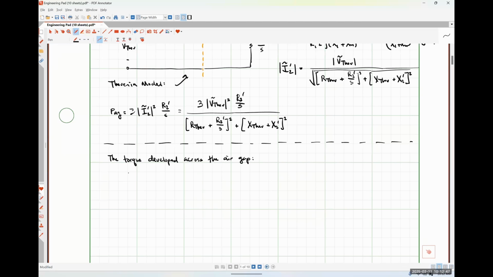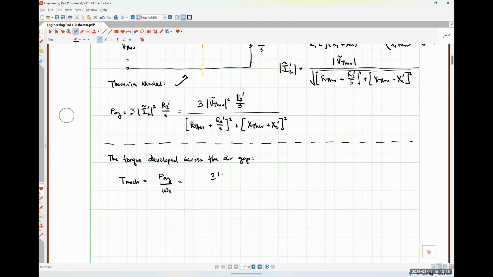So that's our mechanical torque being applied to our rotor. And that quantity is literally nothing more than our air gap power divided by our stator angular frequency. And so we're literally just going to take that equation for our air gap power, and then in the denominator, we're going to have a factor of omega s. Nothing particularly wild or crazy there.